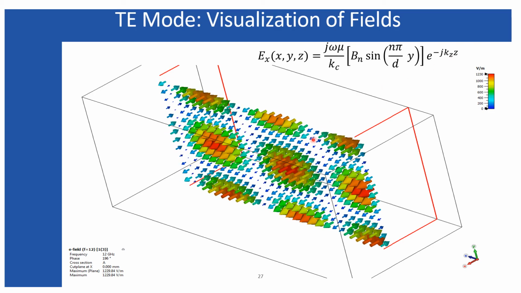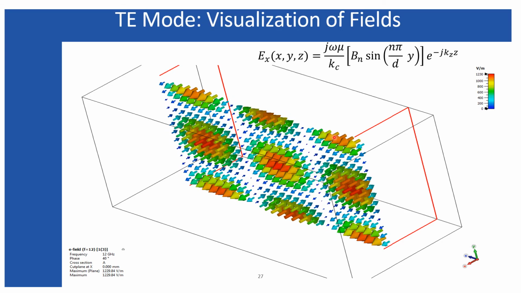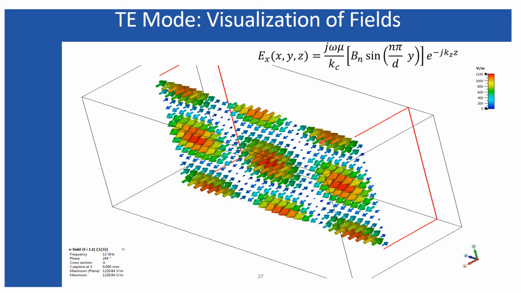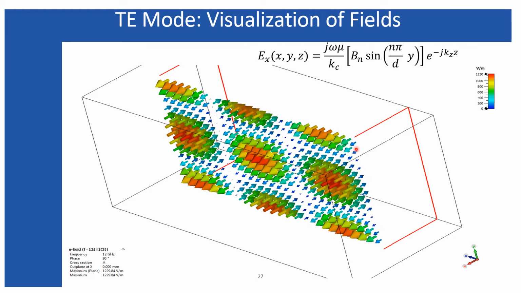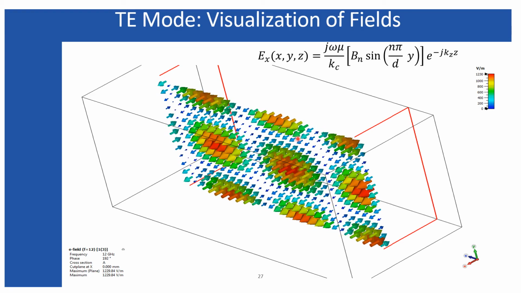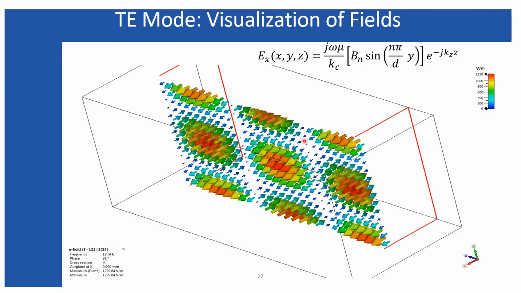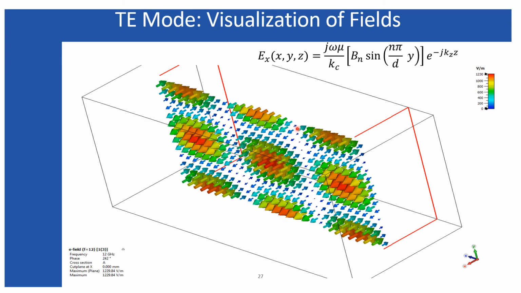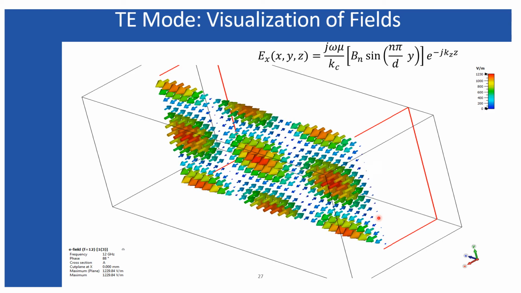That means if I pause this picture at a particular moment, you can see that the electric field is varying along the z direction. Somewhere it has larger arrows, somewhere it has smaller arrows, so it is varying. The size of the arrows represents the magnitude or the strength of the electric field. So somewhere it has a larger strength, somewhere a smaller strength along the z direction, and along the y direction also it is varying.